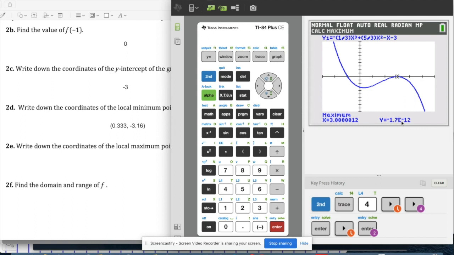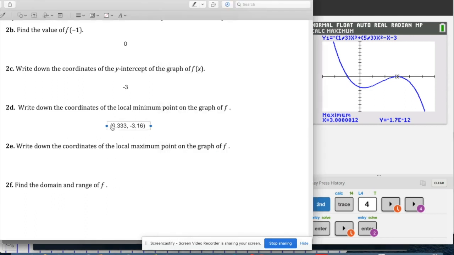So that's like 0. Okay, so the maximum is 3, 0. If you looked at our table before, that's what we had for a local maximum there. Three comma 0 for the local maximum.